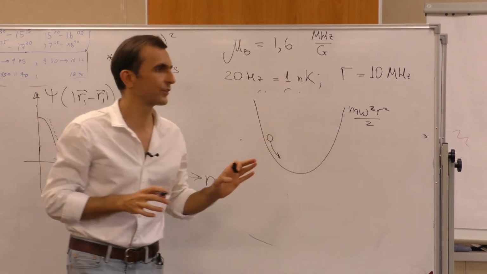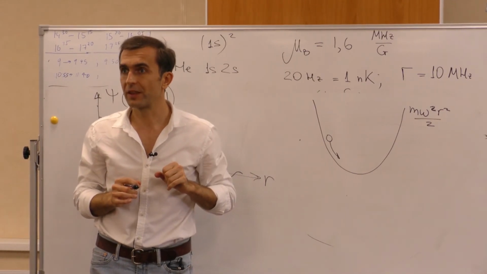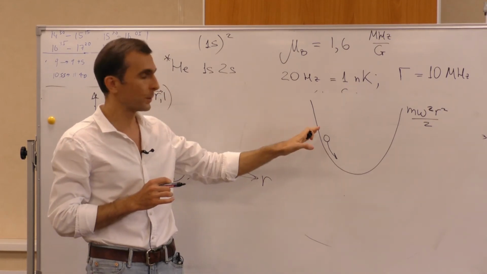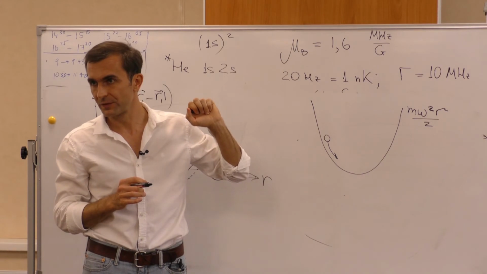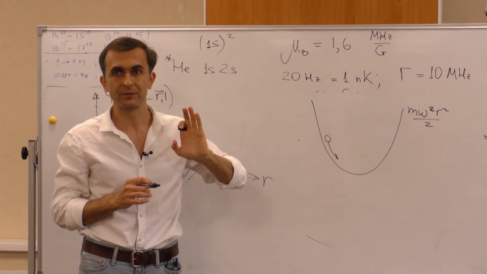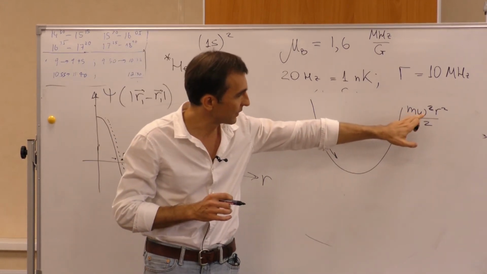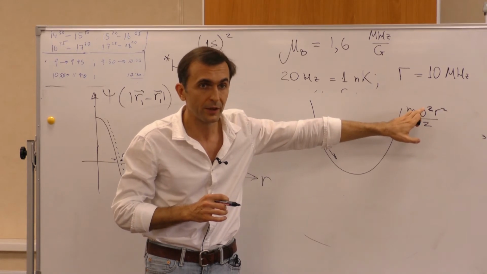No quantum levels, just classical oscillations. And let's suppose the laser, which is producing this optical dipole trap, is a little bit unstable in intensity, just 1% instability. The laser intensity instability means there is instability in the amount of this frequency omega.